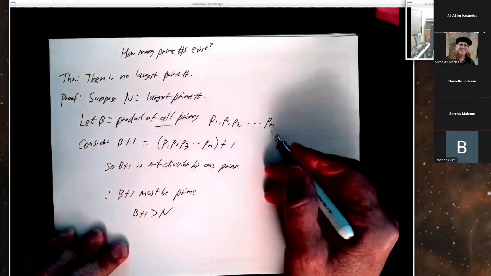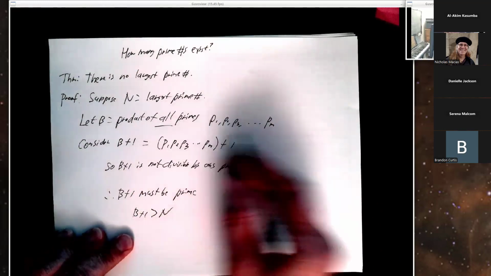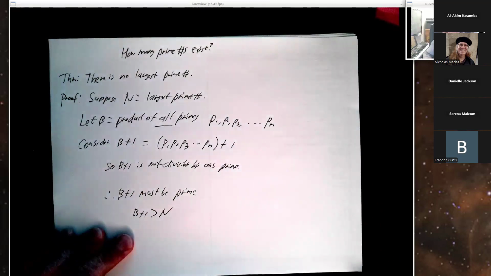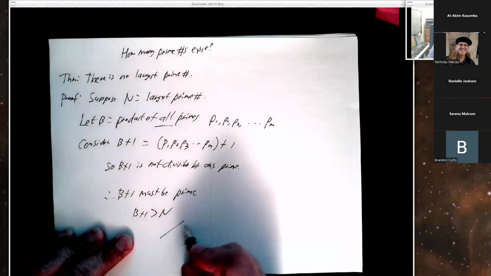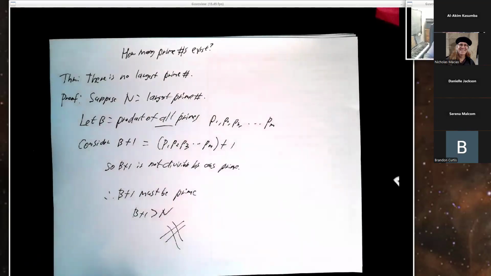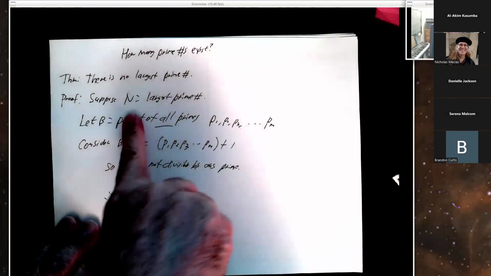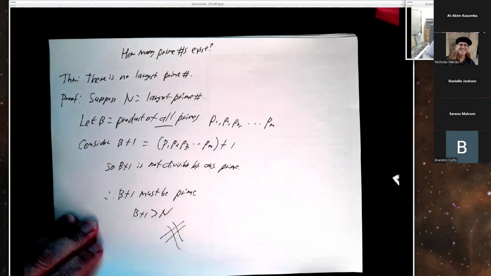N is this largest prime number, and b plus 1 is this number multiplied by a bunch of other stuff plus one more. B plus 1 is bigger than this largest prime. How can it be prime? That's a contradiction. So the conclusion we're forced to is we cannot find a number n, which is the largest prime number. So there must be no largest prime.